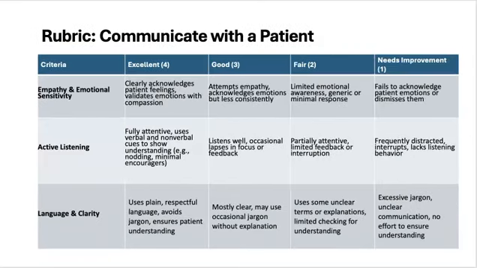Here are the next 3 criteria for the same rubric: empathy and emotional sensitivity, active listening, language, and clarity. One thing to keep in mind is that there already might be a rubric out there on the internet that is assessing a similar learning objective.